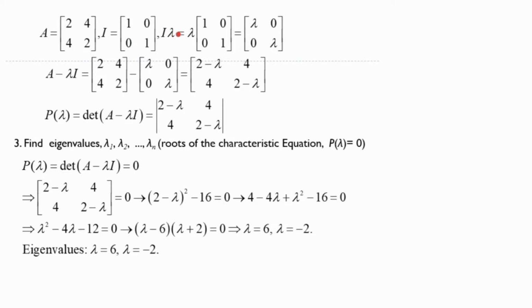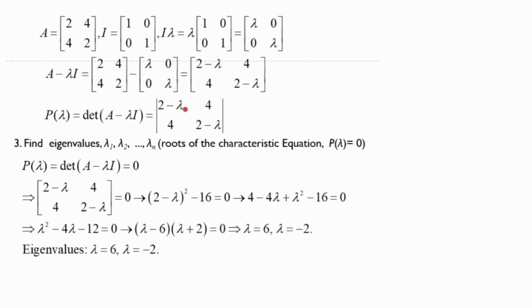Lambda I equals lambda, 0, 0, lambda. A minus lambda I, we subtract lambda I from A, so we get 2 minus lambda, 4, 4, 2 minus lambda.